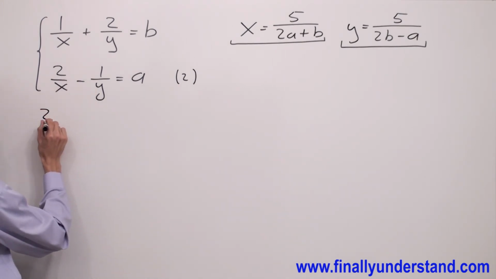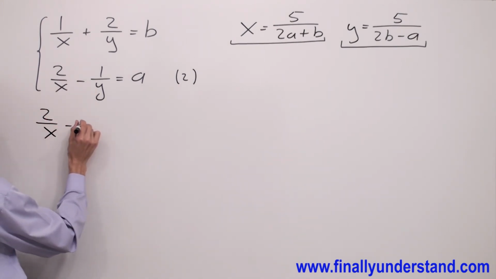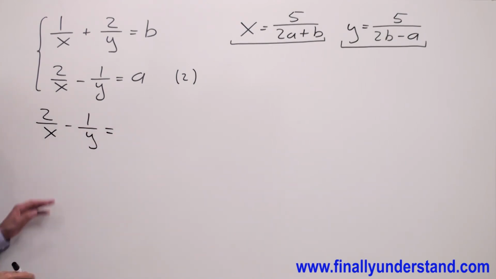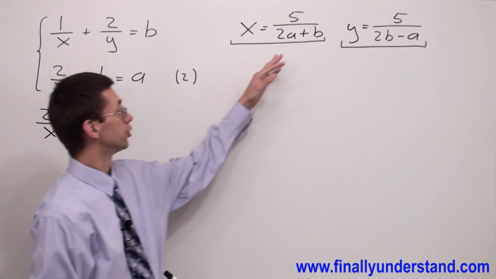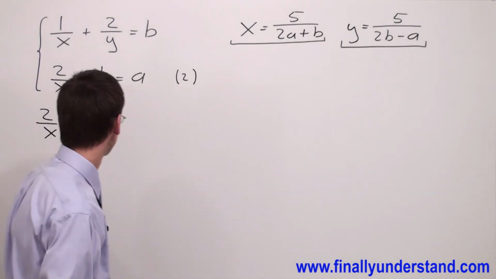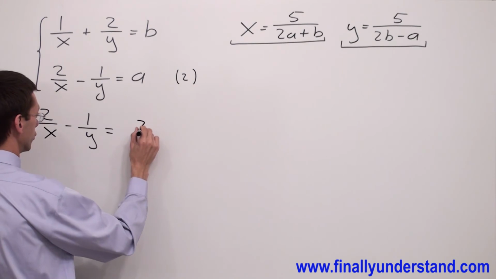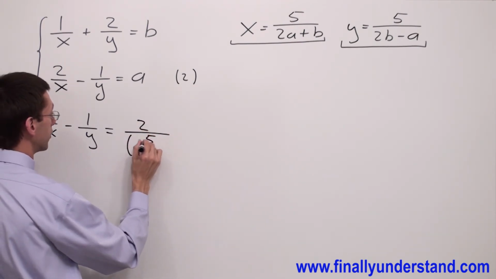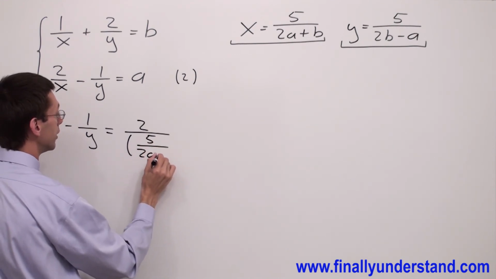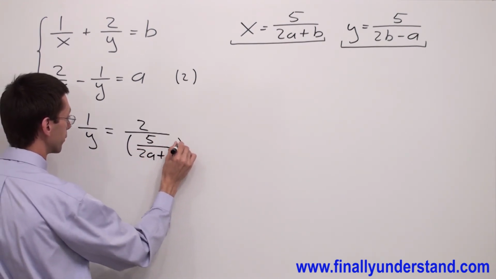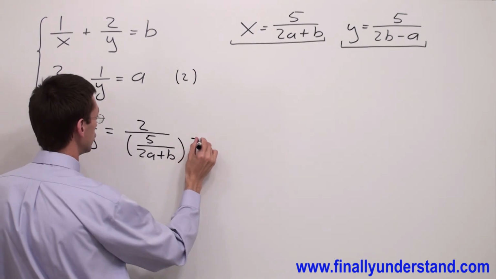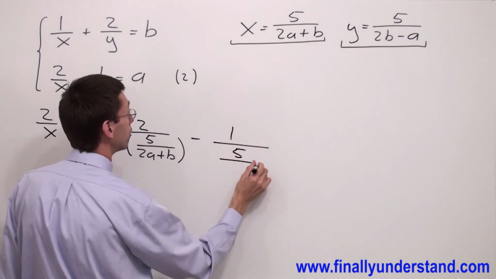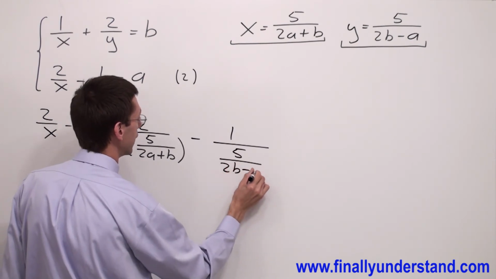So I have 2 over x minus 1 over y. We're supposed to substitute x and y by these two fractions. Okay, so we have 2 over x, which is equal to 5 over 2a plus b, minus 1 over 5 over 2b minus a.